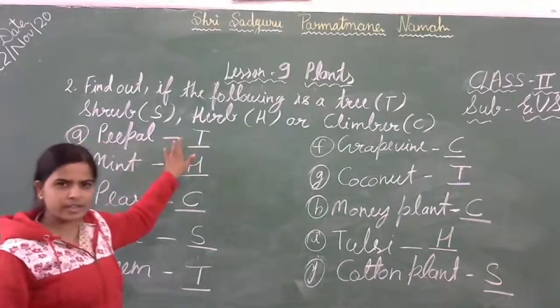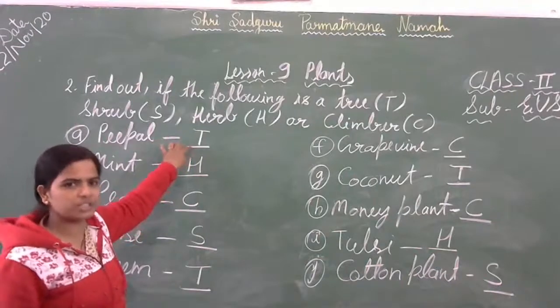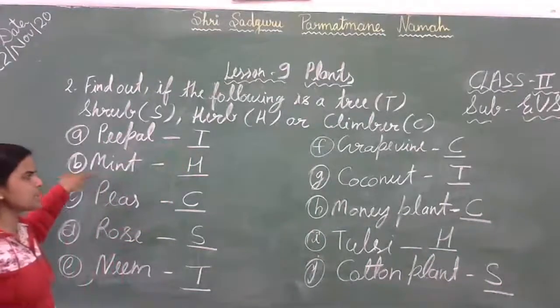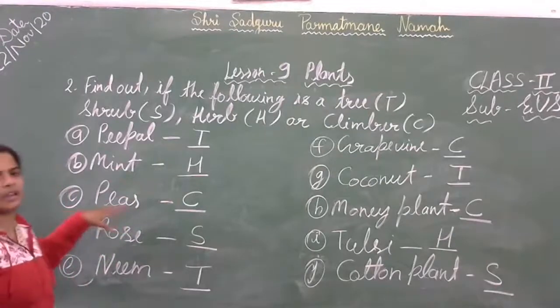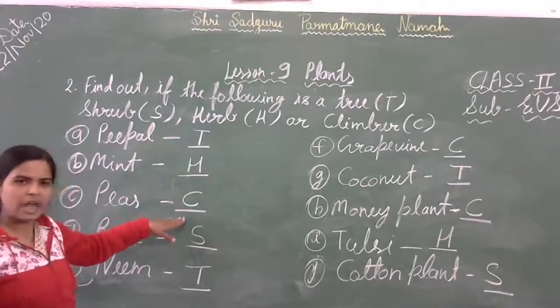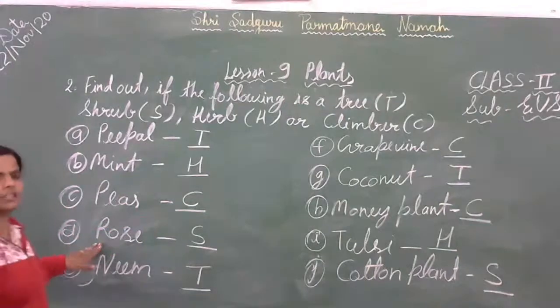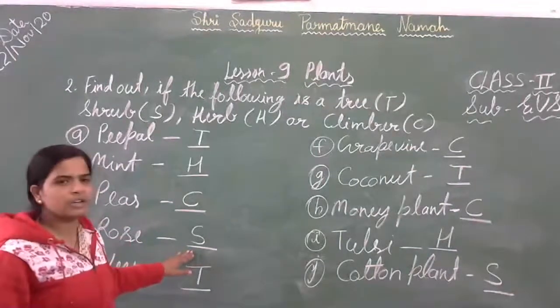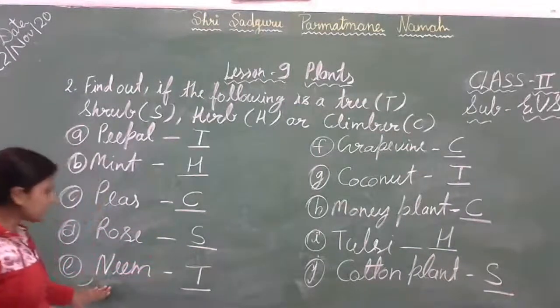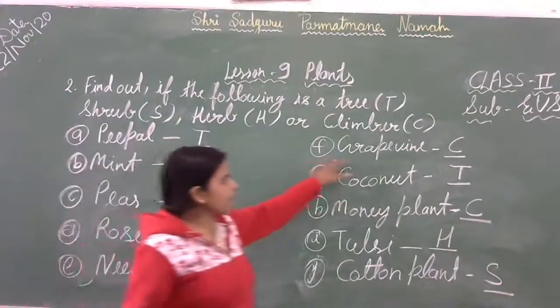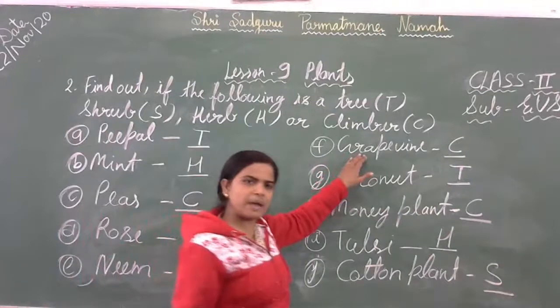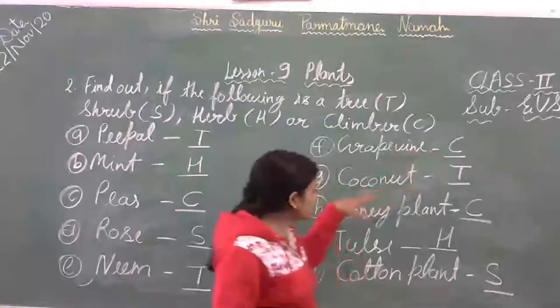So children, peepal is an example of tree. Mint is an example of herb. Peas is an example of climber. Rose is an example of shrub. Neem is an example of tree. Grapevine is an example of climber.